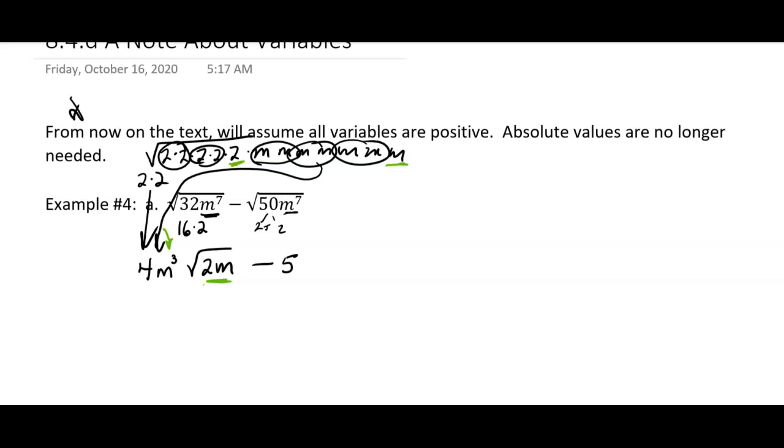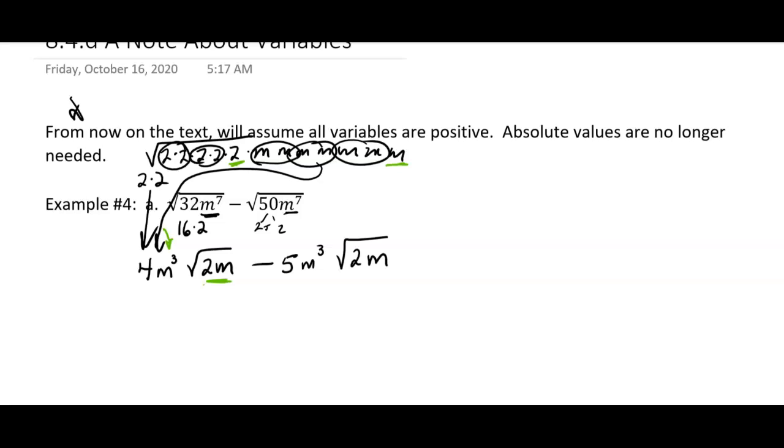And then it's m to the 7th, so it'll be m cubed, and I'll have left over 2m. Now you might be wondering about the m to the 7th, saying, well, why don't I just leave it in there, since they were already the same? We still have to simplify the radical, so we might as well do it now.